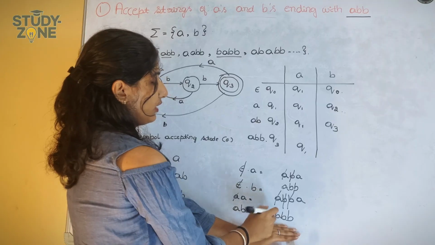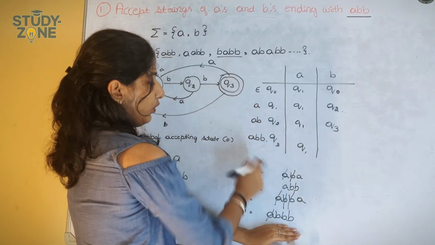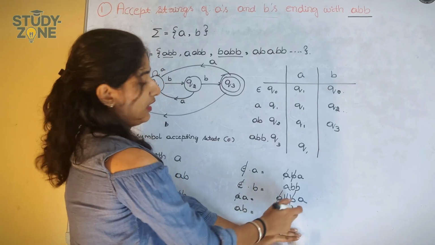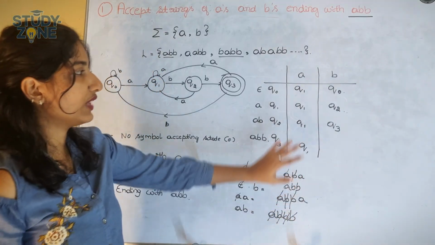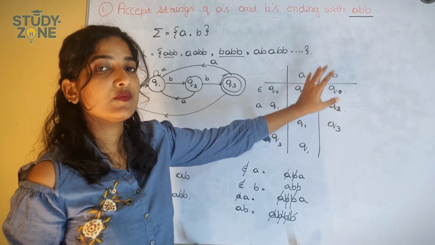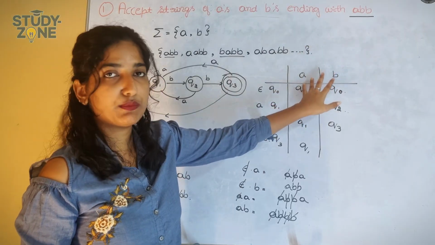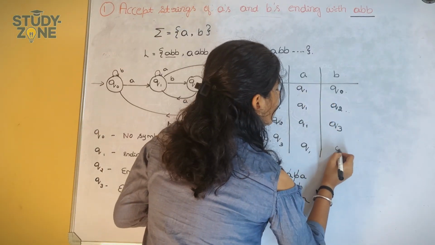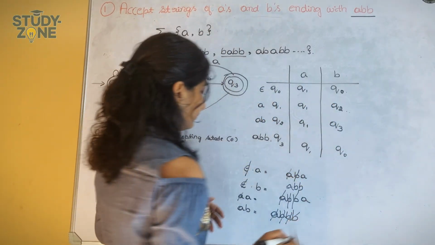No. Cancel it out. B, B, B? No. Cancel it out. B, B? No. Cancel it out. And then B? No. So cancel it out. If there is no state that is accepting these symbols, then what we have to write? Like this. We have to write the initial state only.